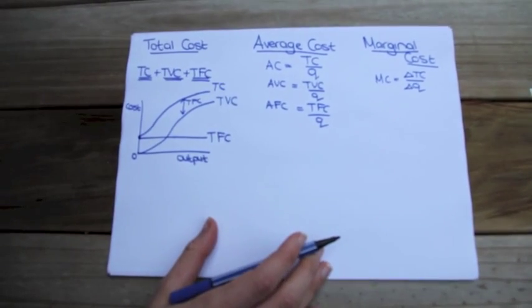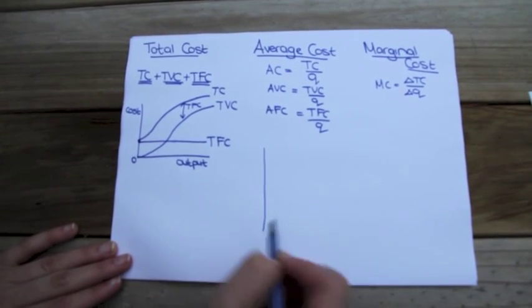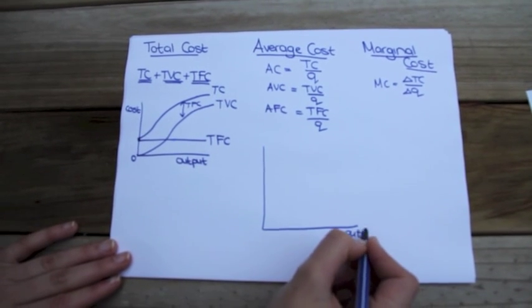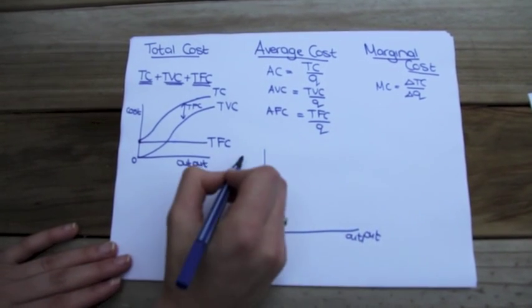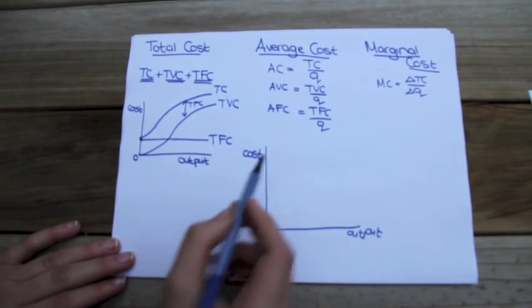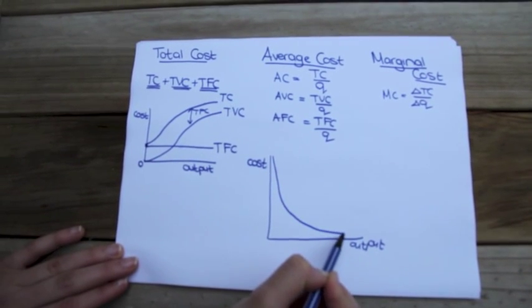Now, what we have to know for this section is one very important graph. It goes like this. So over here we have output, and over here we have cost on the y-axis. Now, average fixed cost starts off very high, but then it decreases.